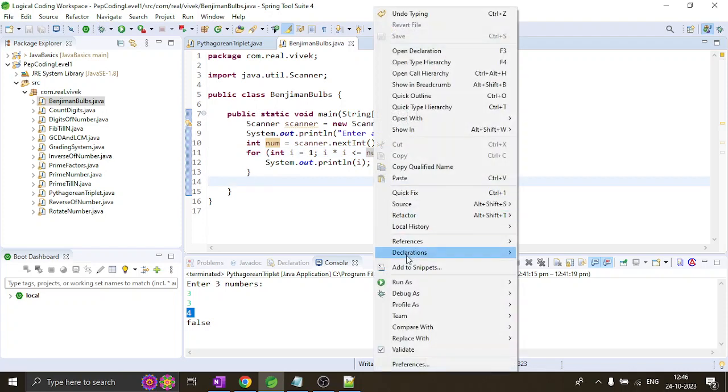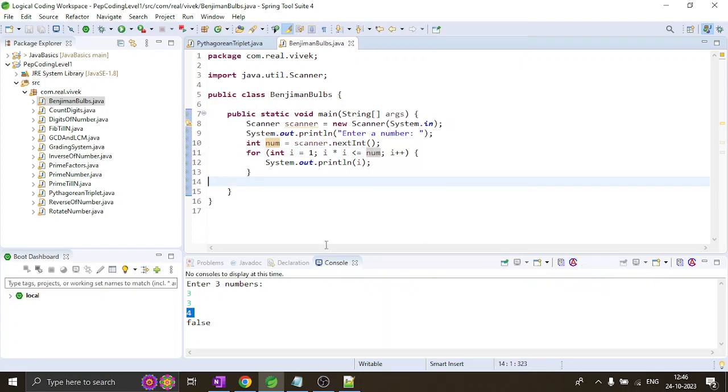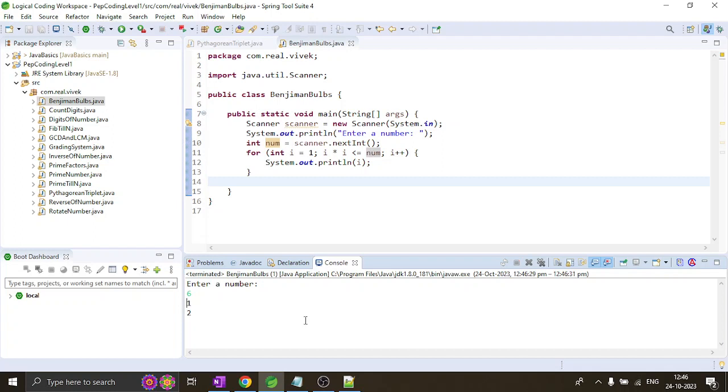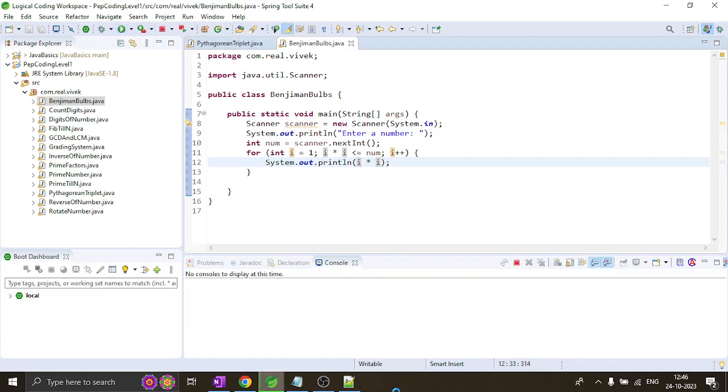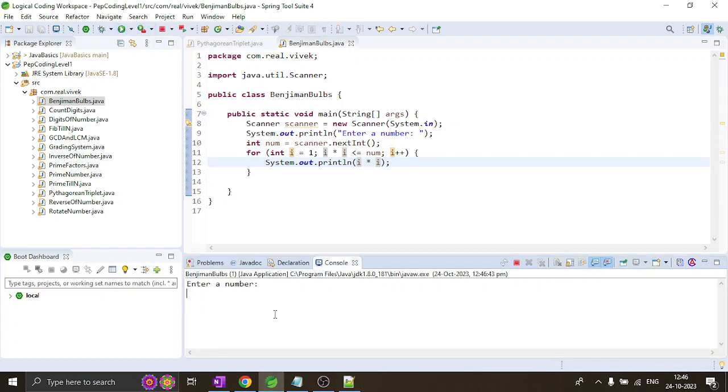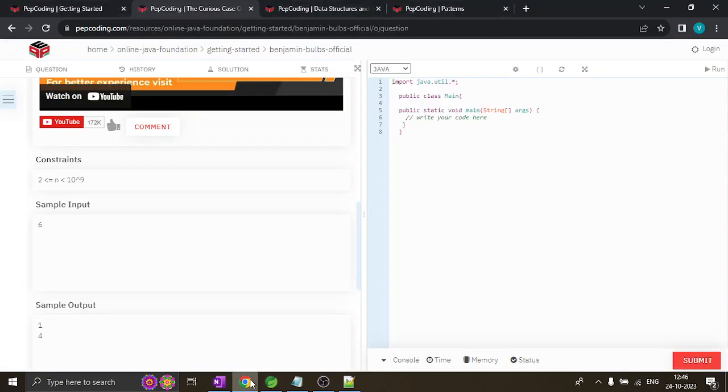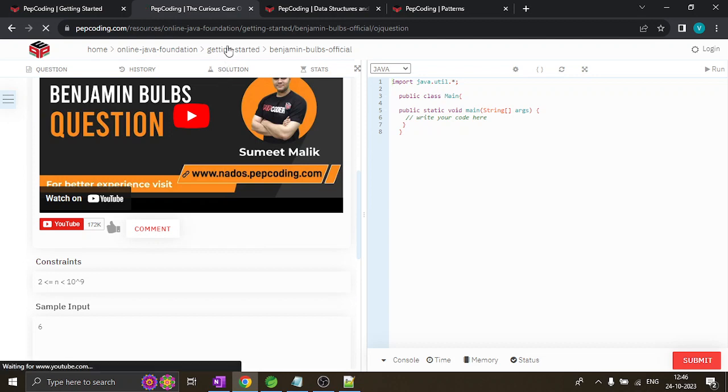Okay, so let's try to run this. Oh, and we have to print the square of the number, right? So for 9 fluctuations, only first, fourth, and ninth will be on, right? Because those are the only perfect squares. So yeah, that was all for this problem.